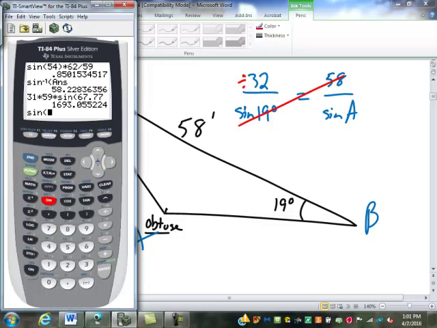So sine of 19 times 58 divided by 32 is 0.5901. Now we're going to do an inverse sine. That makes 36.16 degrees. Now that's not what we want, is it? We want its supplement. So 180 minus that angle gives us 143.84 degrees.